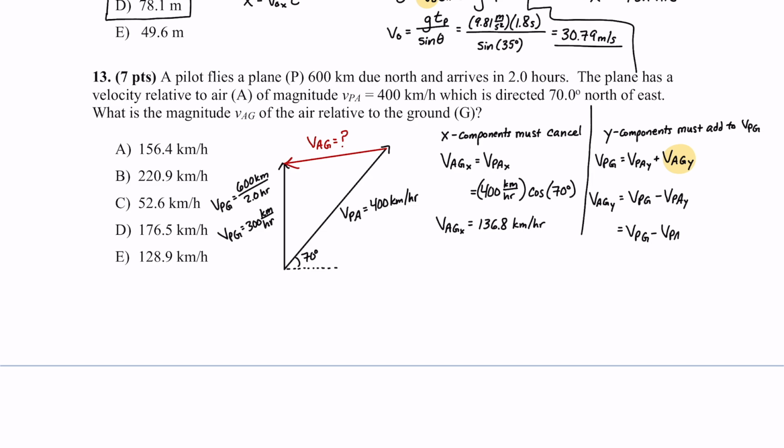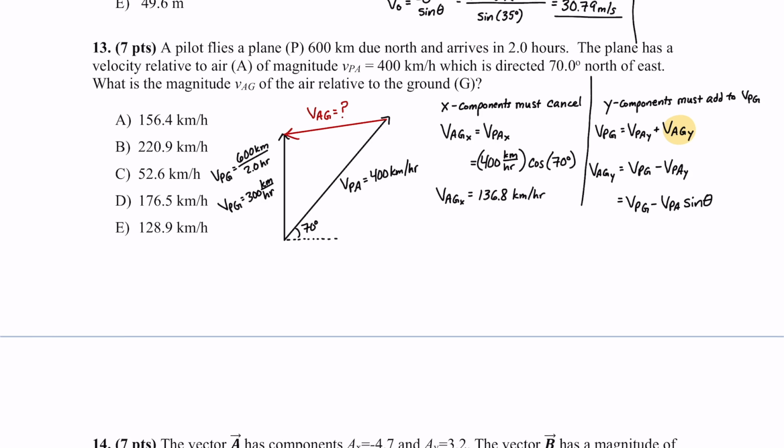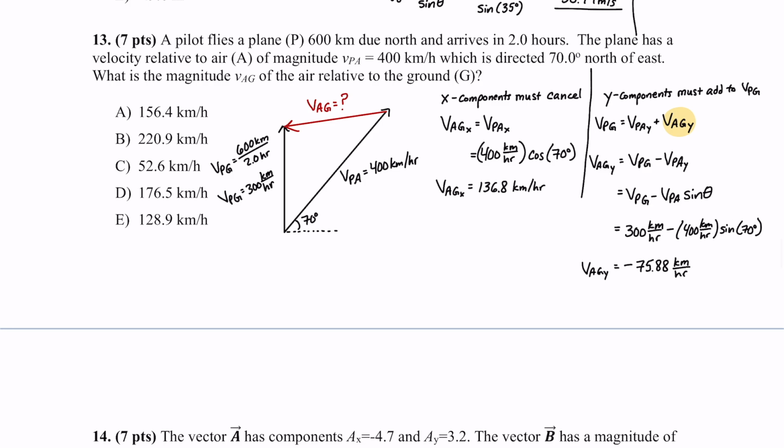VPAY is equal to VPA sine of the angle that it's traveling at, which we know, and now we can plug in numbers. VPG is equal to 300 kilometers per hour minus 400 kilometers per hour times sine of 70 degrees. The numerical answer of this is negative 75.88 kilometers per hour.